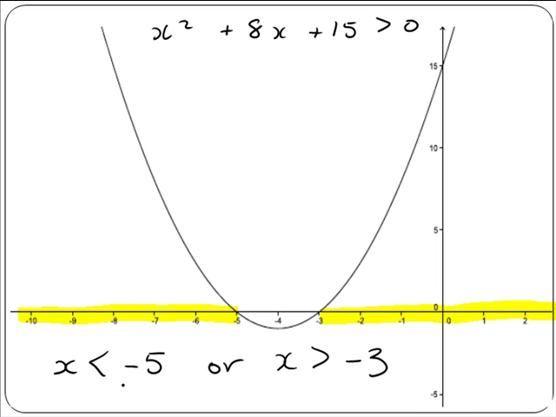So now look how the graph is above the line, in other words greater than 0, at all the x values less than minus 5, so minus 6, minus 7, minus 8, minus 9 and so on, and for all the x values greater than minus 3, so minus 2, minus 1, 0, 1, 2 and so on.